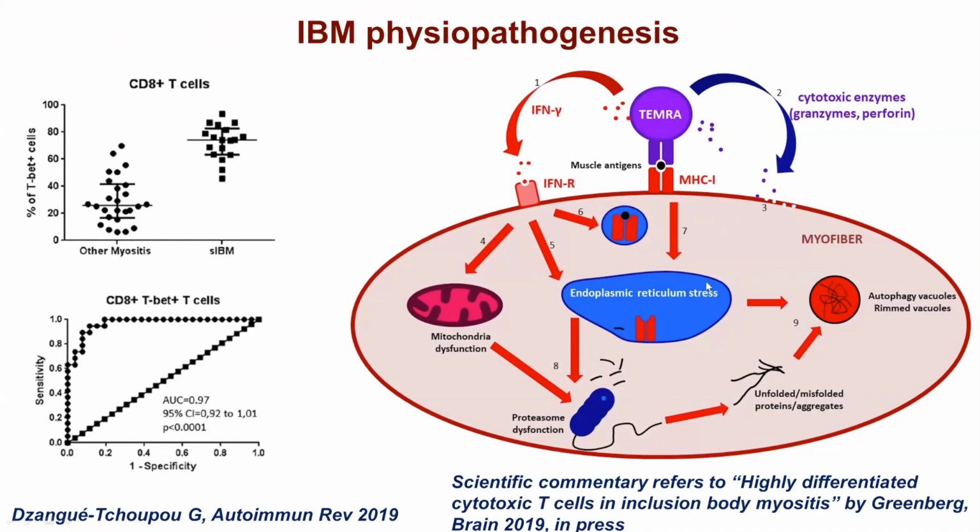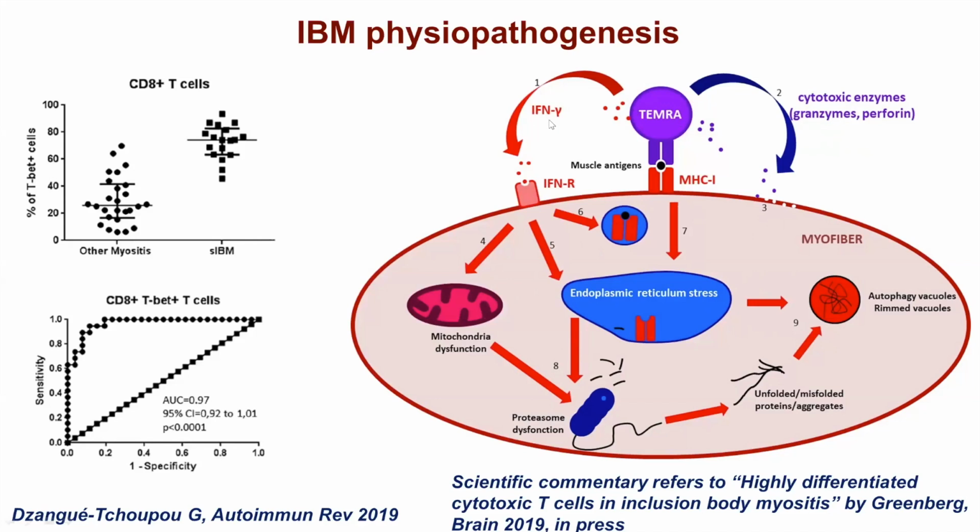And we propose the following mechanism in the pathogenesis of IBM. These TEMRA cells, which are very resistant to corticosteroids and classical immunosuppressants, secrete a lot of cytotoxic enzymes such as granzyme and perforins, which induce holes in the membrane and induce necrosis, but also endoplasmic reticulum stress.